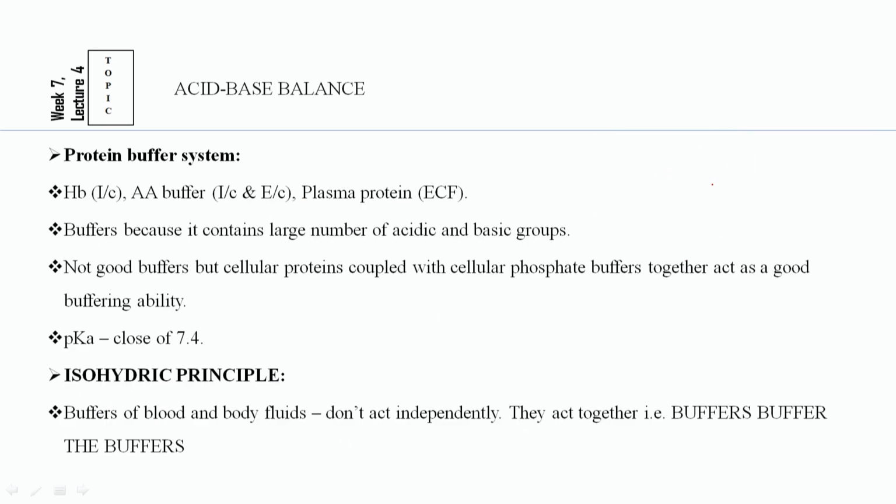Now the protein buffer system. Here we have hemoglobin, which is more in intracellular, performs its maximum function. Amino acid buffer will be present both intracellular and extracellular. Plasma proteins are present in ECF. These protein buffers contain a large number of acidic as well as basic groups.